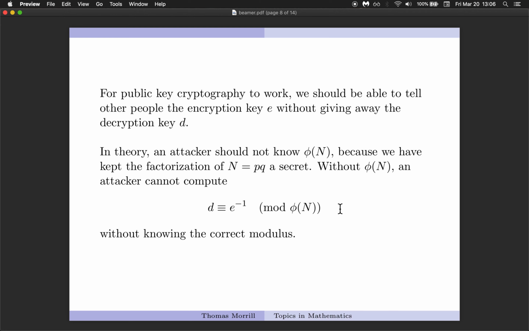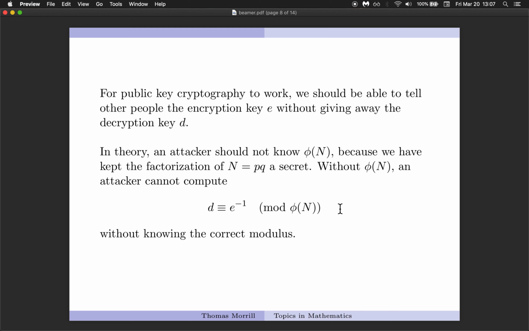Without knowing the factorization of n, they would have to list out all of the residues mod n and one by one work out which ones have inverses. That's what phi of n counts.